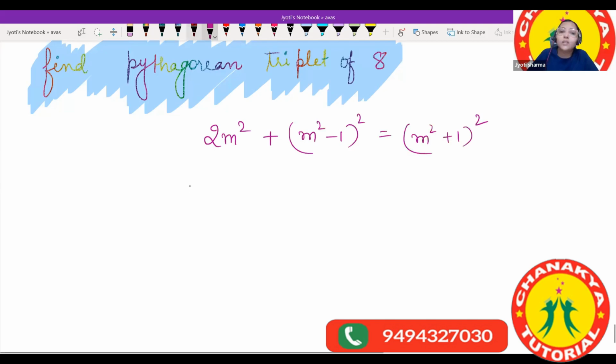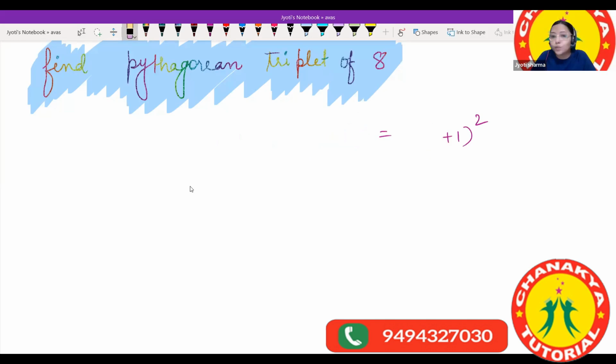Here, this m is your natural number. Right now, I am not going to explain this. If you want to find a Pythagorean triplet and you have a number, you simply take 2m, m square minus 1 and m square plus 1.